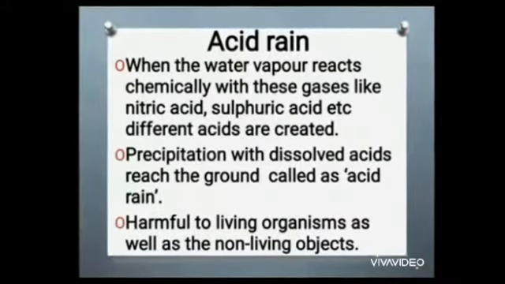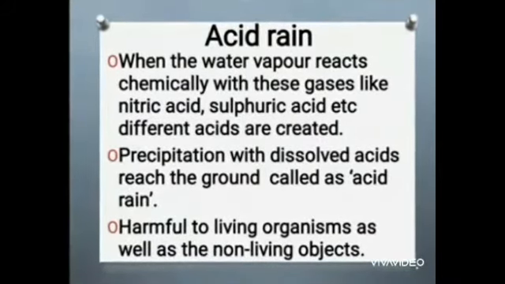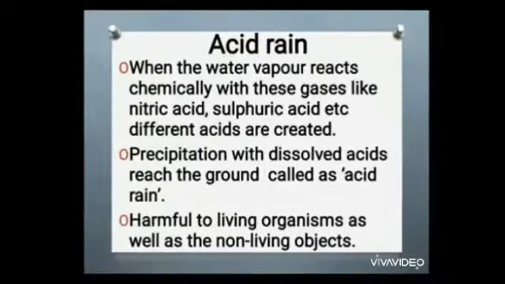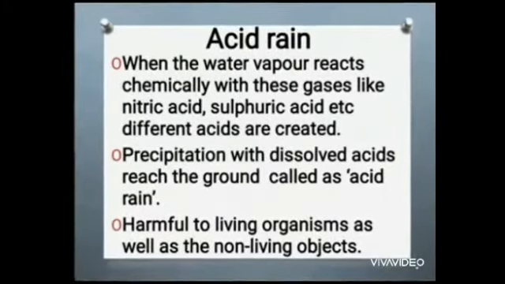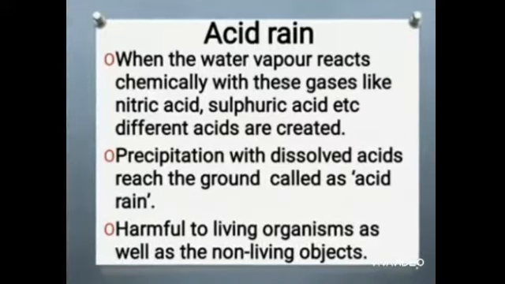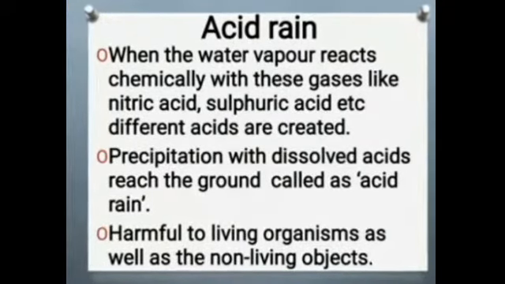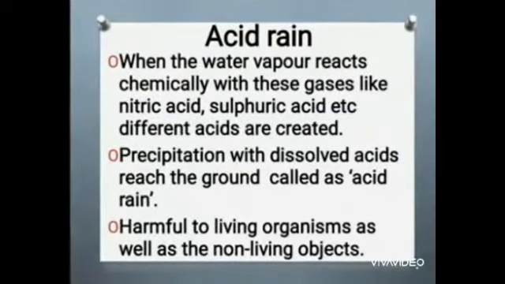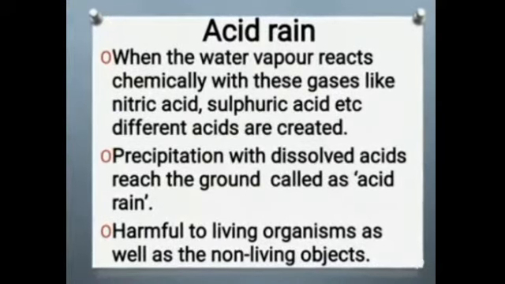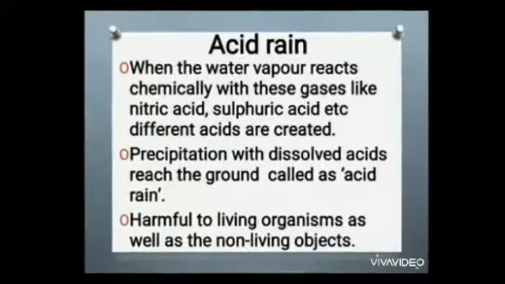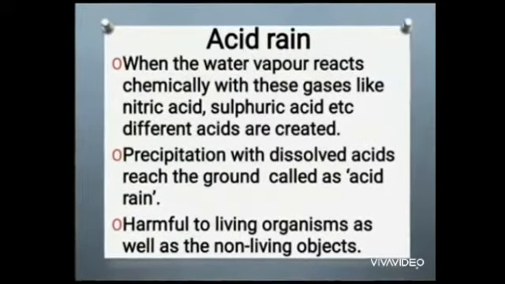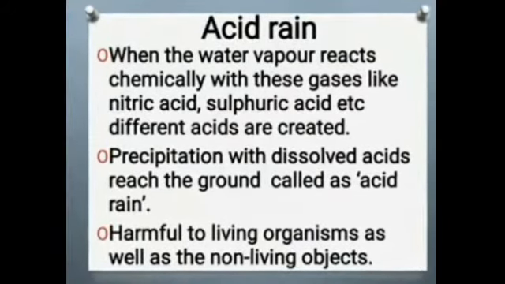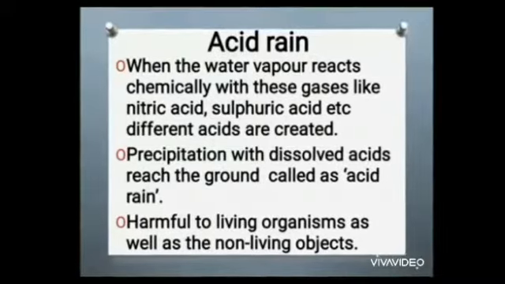Acid rain. Because of air pollution in industrial areas, various gases get mixed in the air. Different acids, such as nitric acid, sulfuric acid, etc., are created when the water vapor in the air reacts chemically with these gases.